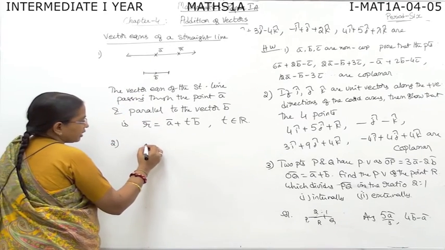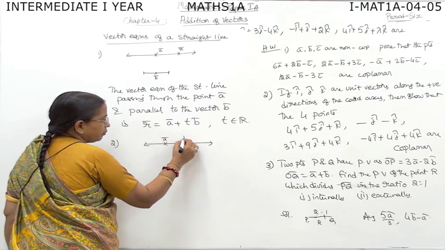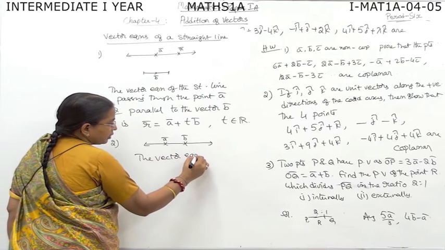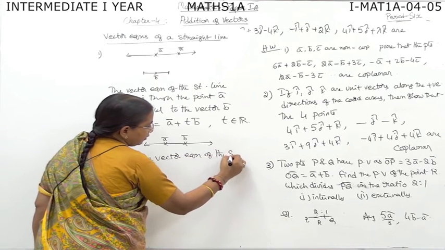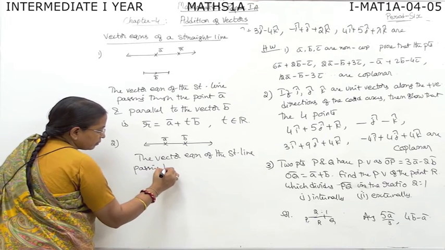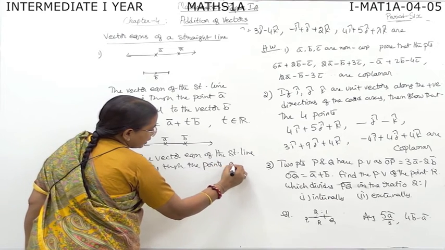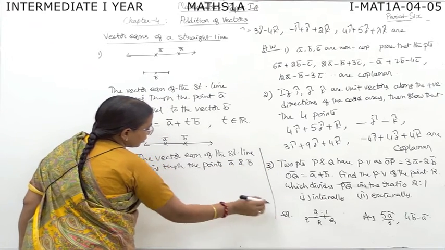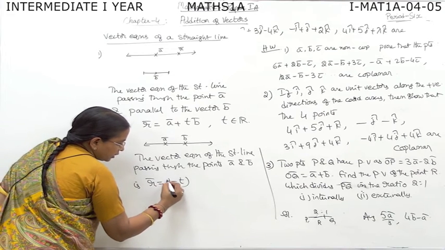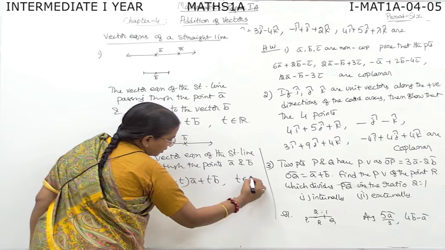Next is the vector equation of a line passing through two points A and B. Learn these equations by heart. The vector equation of the straight line passing through the points a and b is r = (1 - t)a + tb, where t is some real number.